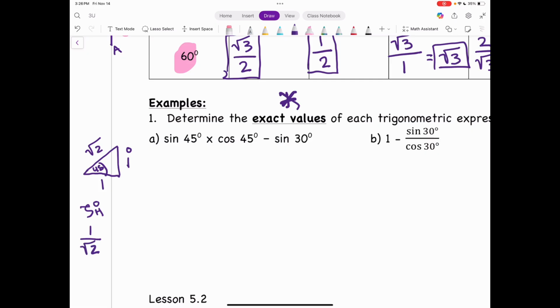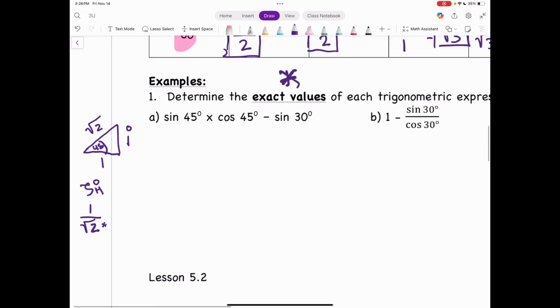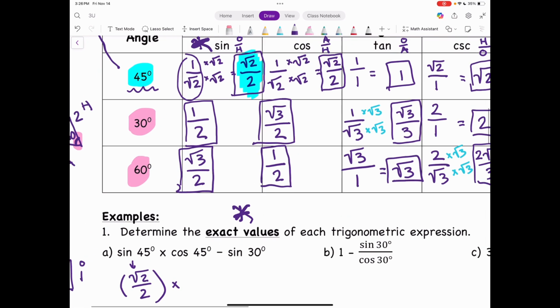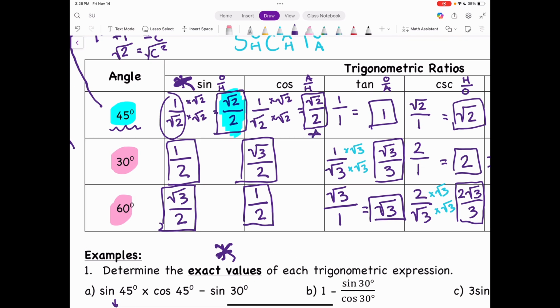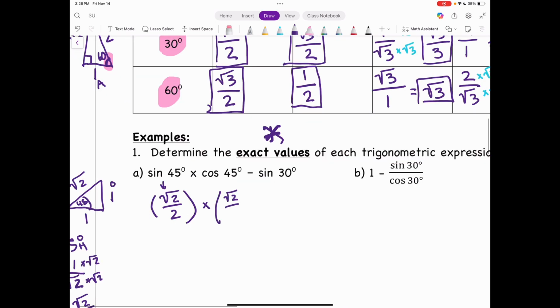Now, we don't like working with square roots in the bottom, so when we multiply both by the square root of 2, what we end up with is the square root of 2 in the numerator over 2 in the denominator. So sine 45 is exactly equal to the square root of 2 over 2. Now that's going to be multiplied by cosine at 45 degrees. Cosine at 45 degrees is the same as sine at 45 degrees. That's the square root of 2 divided by 2.